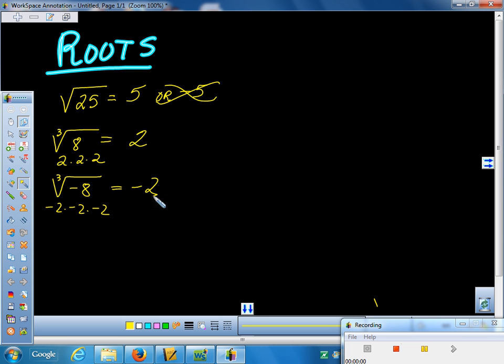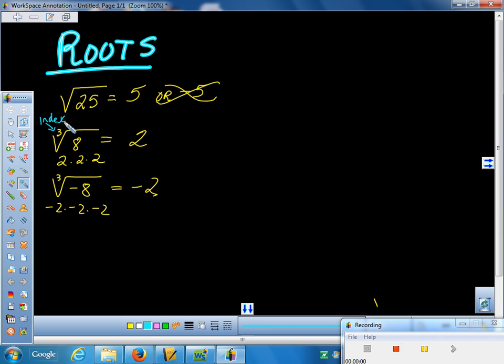If you have a square root, technically it doesn't have a little number up here, which, by the way, we need to talk about. That little number up there is called the index. So the little 3 we put on the cube root, that's the index. Square roots actually should have an index, but mathematicians got lazy.